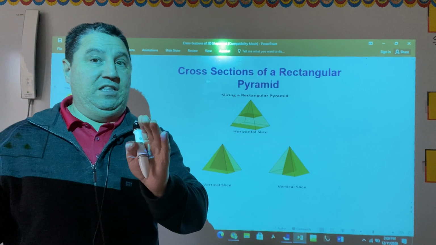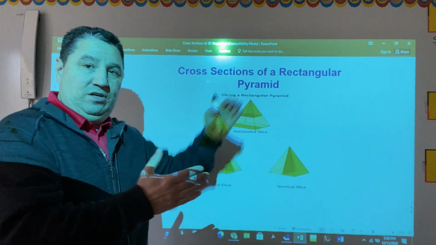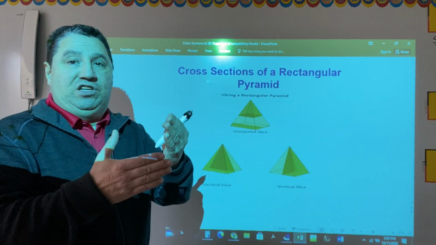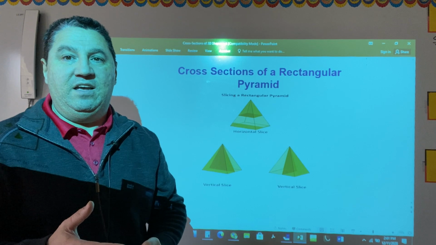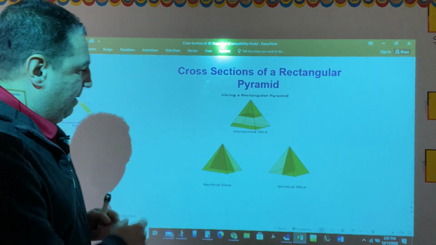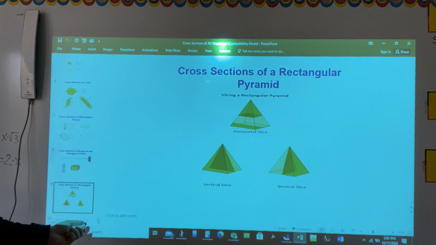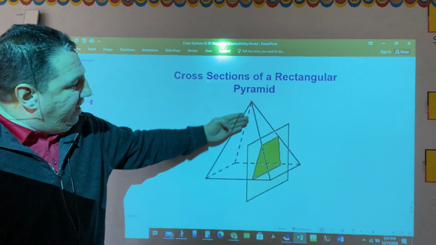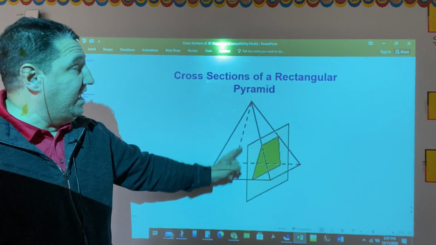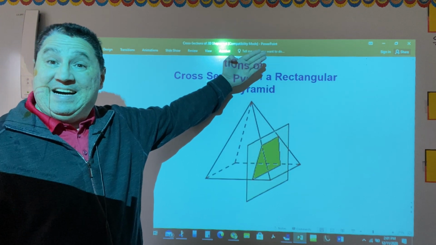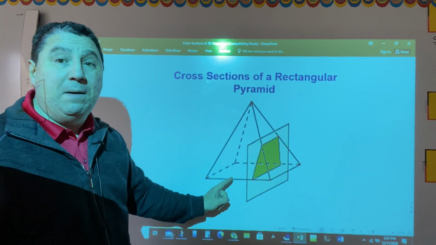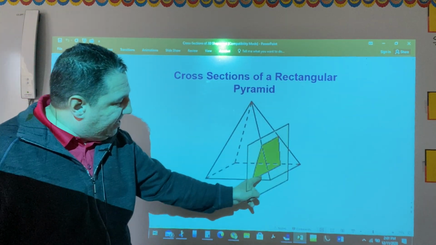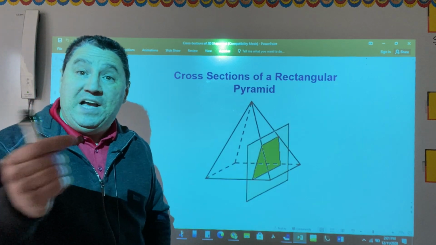But not always. When we make a cut through an object like a pyramid, the region where we make the cut matters. Why? Because I'll show you another example. Look, if we cut this rectangular pyramid by a plane that is perpendicular to the base, but not through its apex, as we can see, the resulting cross section would be a trapezoid.